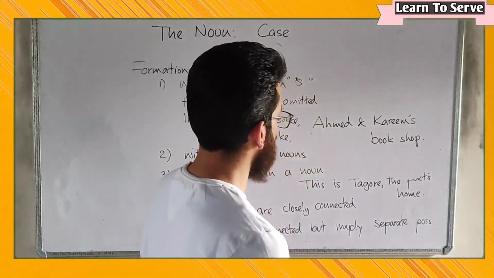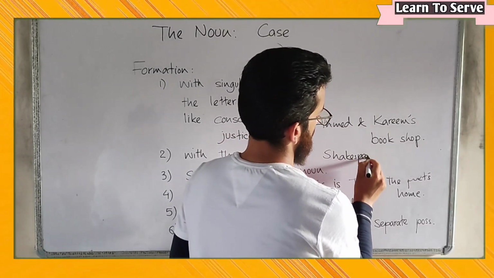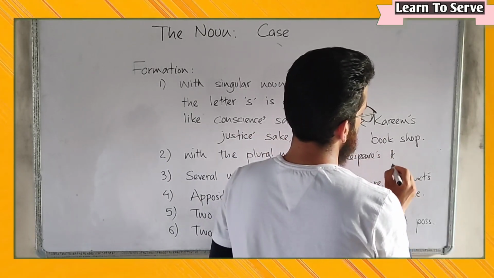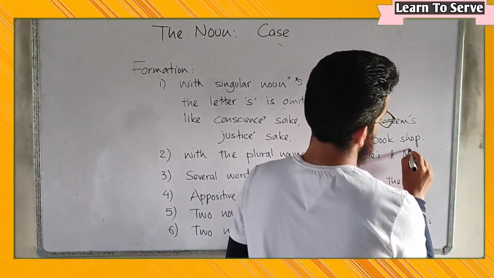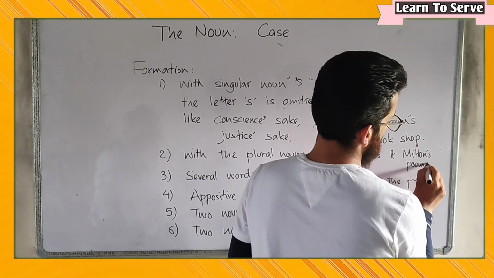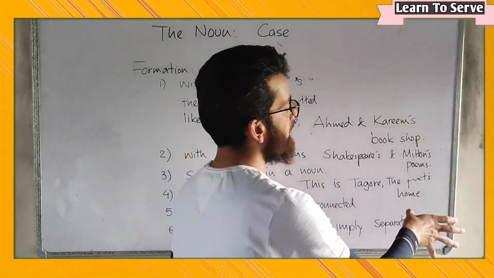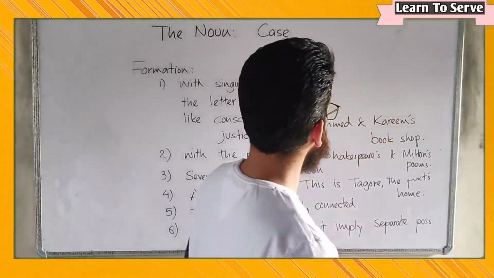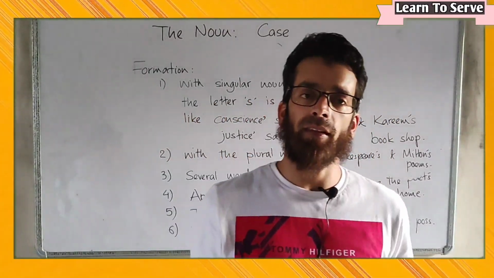For example, Shakespeare's and Milton's poems. That means the poems written by Shakespeare and the poems composed by Milton separately. So this is all about the formation of the possessive case with the noun.